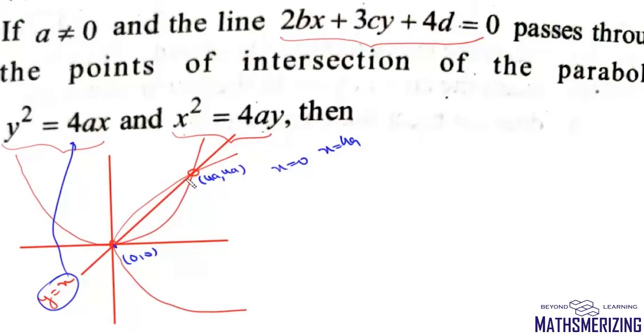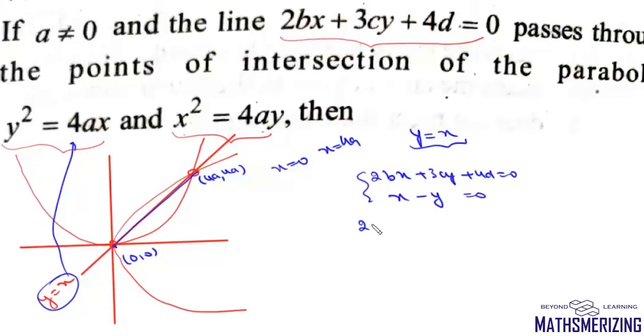So what is the equation of this chord? So equation of this line simply will be y equals x. Now we are given this line, which is 2bx plus 3cy plus 4d equals to 0. So the line which we have got is x minus y equals to 0. So these two lines are coincident. So from here we'll write 2b upon 1, 3c upon minus 1 and 4d upon 0.